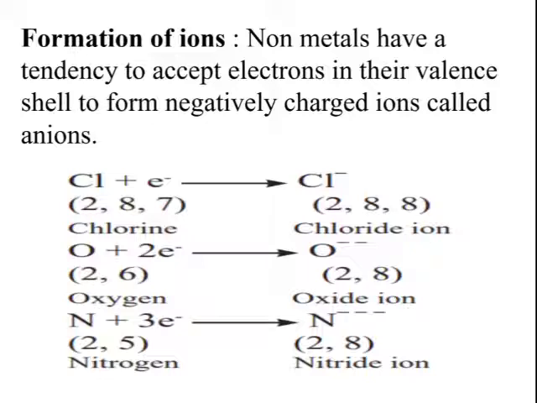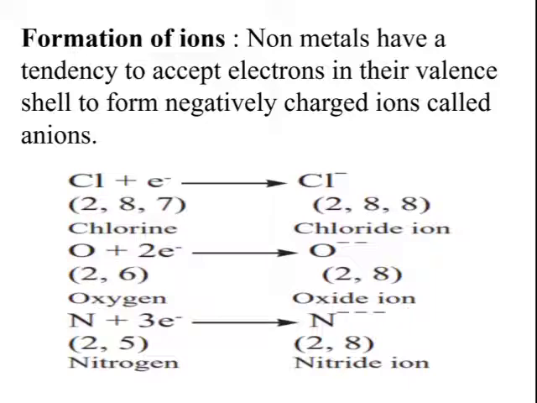Now for oxygen, electronic configuration we have seen it is 2, 6. So 2 electrons are less to complete the outermost orbit. See, in the outermost orbit always 8 electrons should be there. So 6 are there for oxygen, 2 are less to complete the orbit. So oxygen accepts 2 electrons.